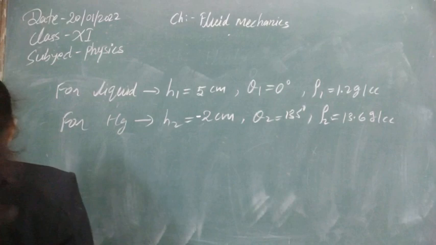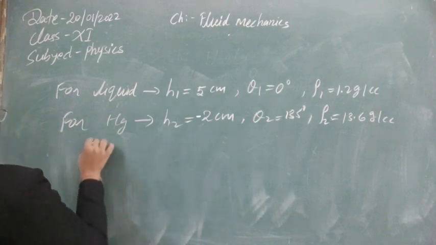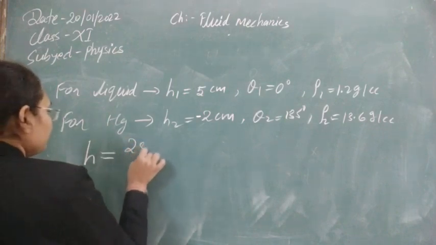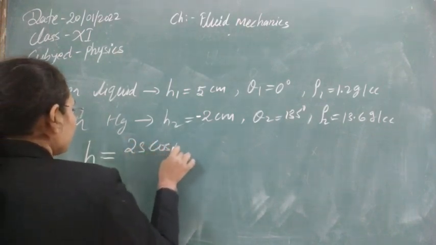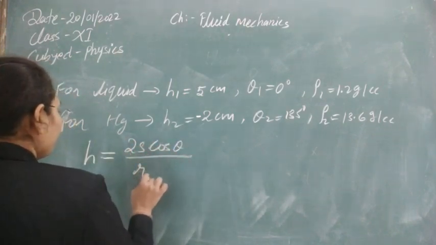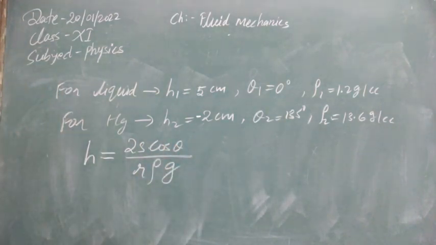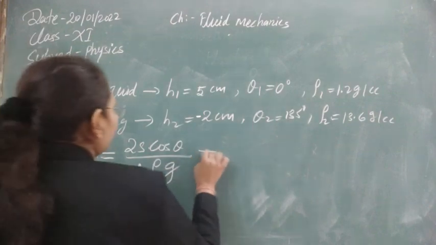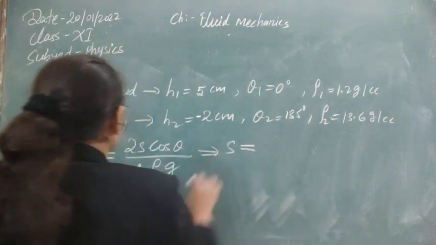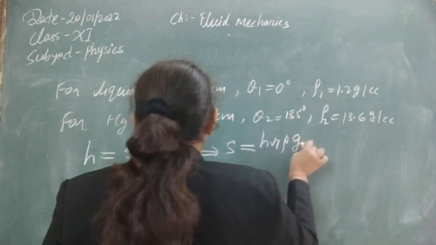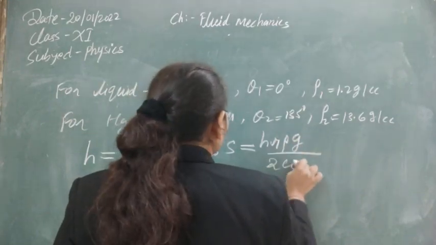Now again, as we know the ascent formula, that is given by h is equal to 2S cos theta upon r rho g. So let's use that one, and from here we can calculate S. So S, the surface tension, has value h r rho g upon 2 cos theta.